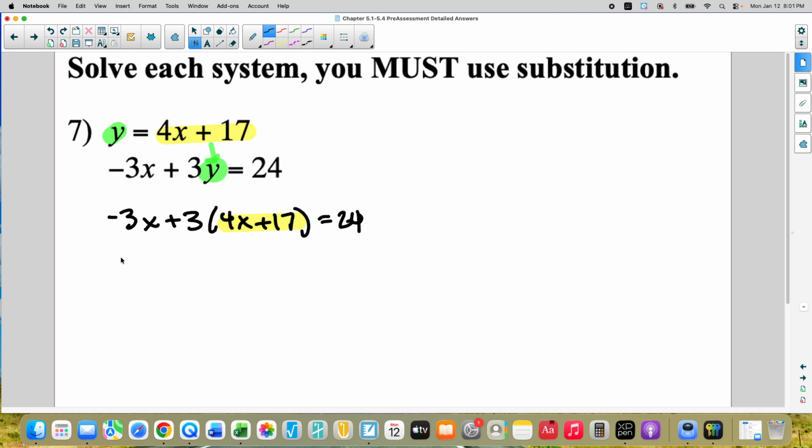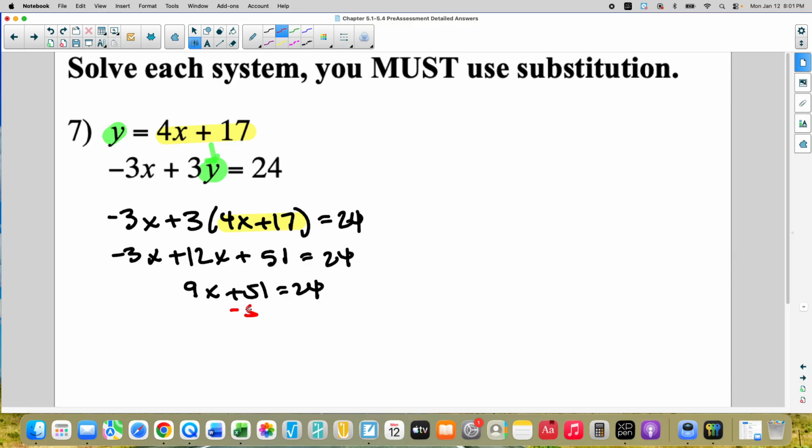And now we'll simplify. Negative 3x. And the benefit is we had x's and y's here. And notice when we substitute, we only have x's. So that's 12x. That's going to be 51 equals 24. Let's simplify before moving things. This is 9x plus 51 equals 24.